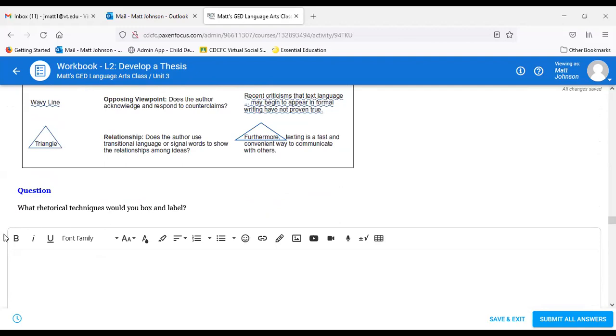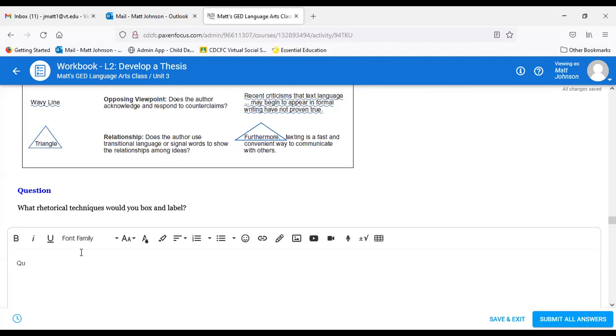So we know with Clement, what did she use that weakens her argument overall? She has to qualify her statements, right? So when she says this may result in long-term effects.